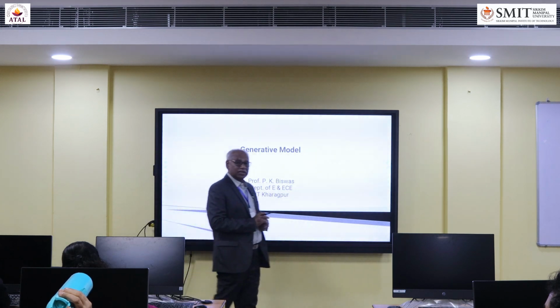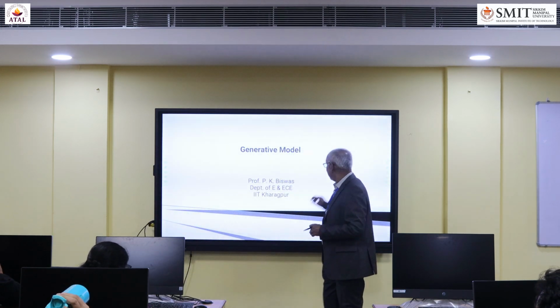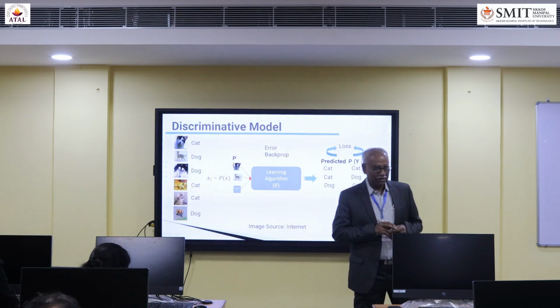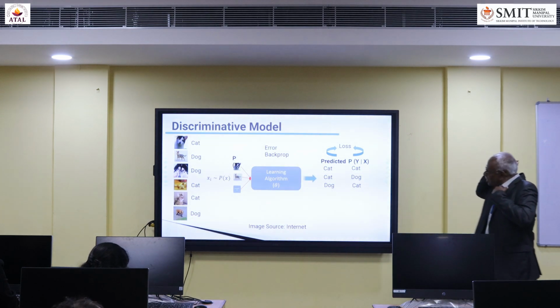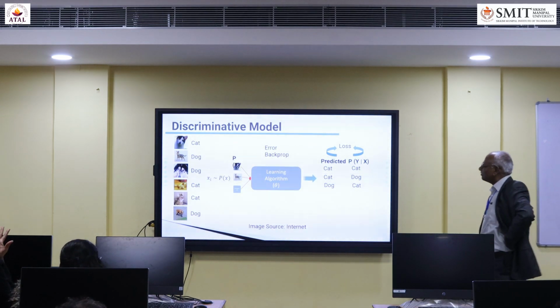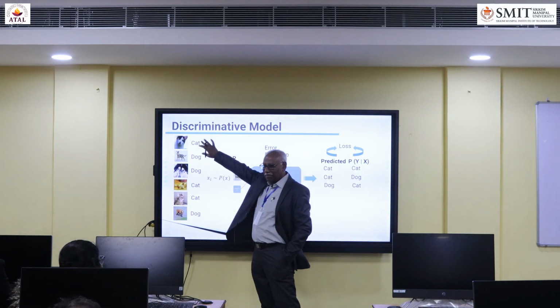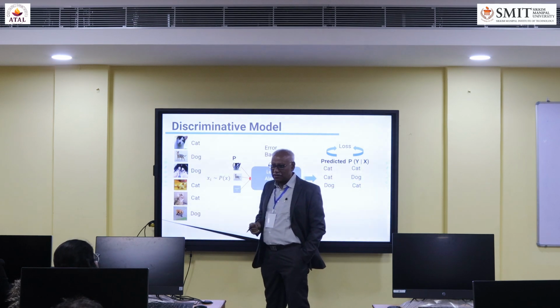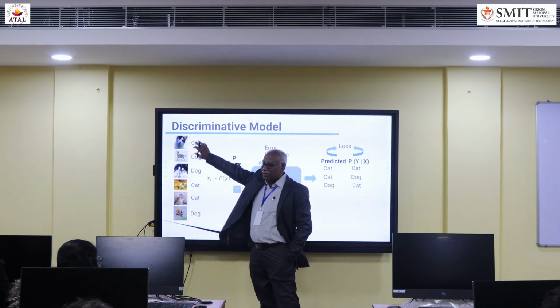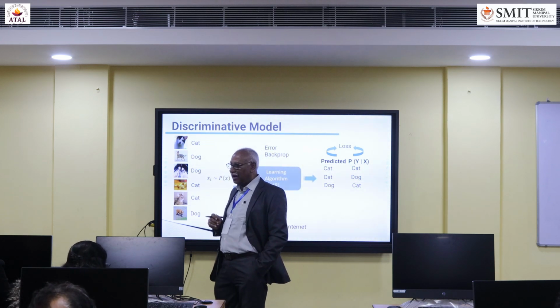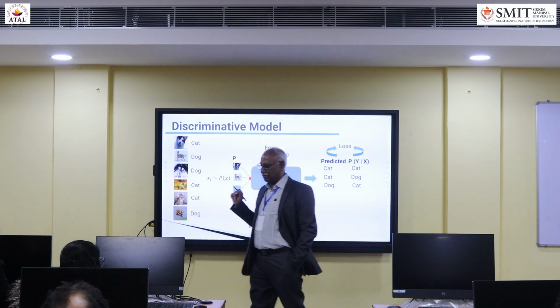So now let us see what is generative. But before that, let us see what we have done till now. So far what we have done is, we have taken images from different classes. Every such class has a distribution. So if I call it class X, it has a distribution.